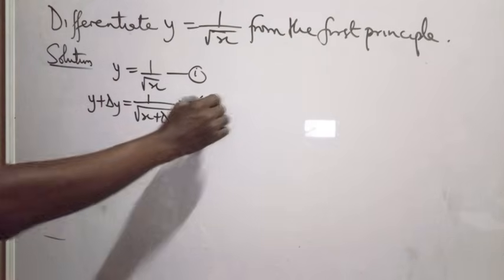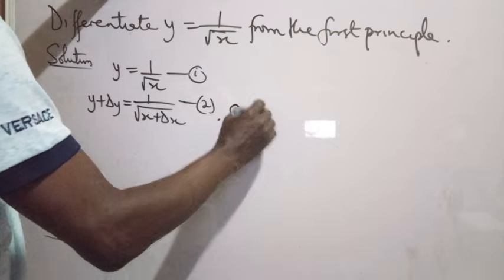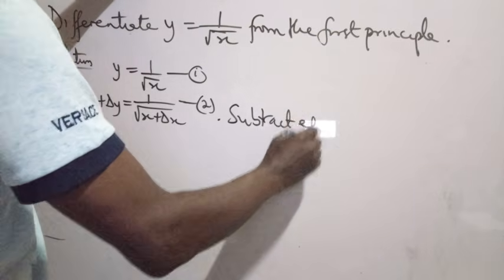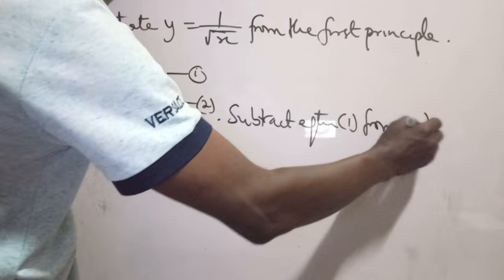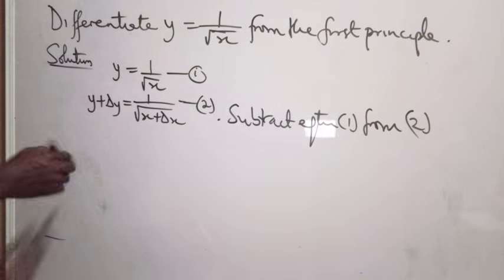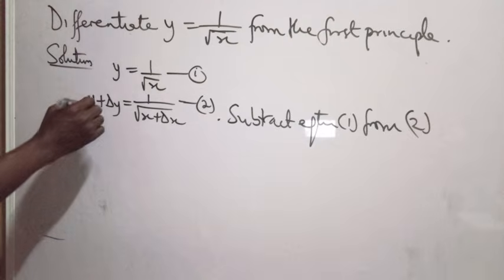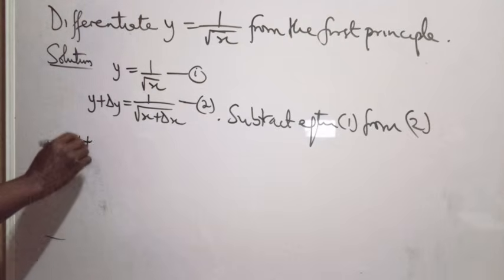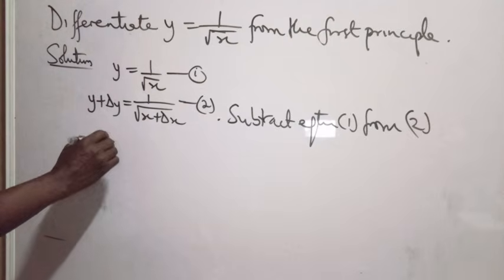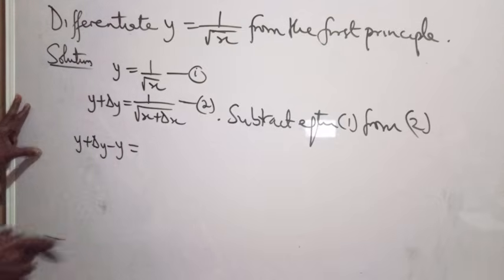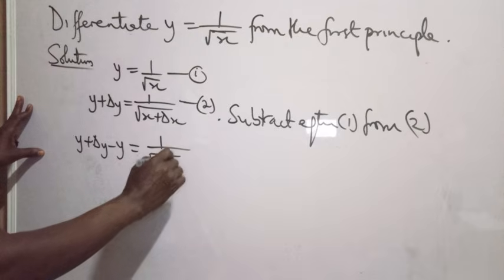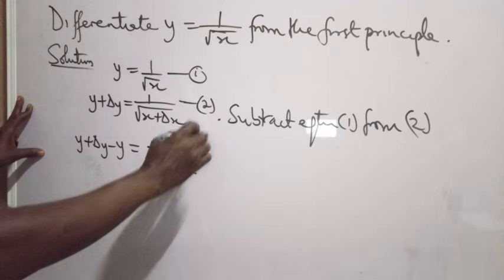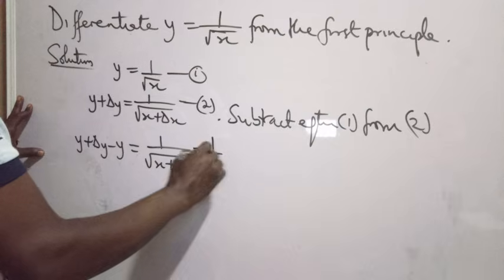So now we subtract equation 1 from equation 2. We are going to have, on the left hand side, y plus delta y minus y, which is equal to 1 over root of x plus delta x minus 1 over root x.